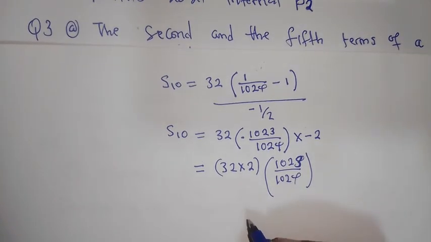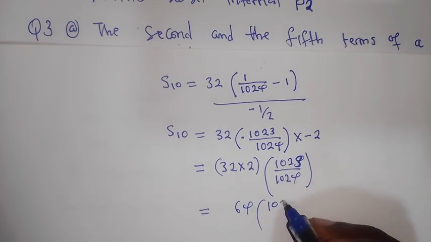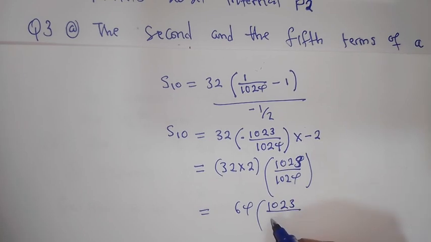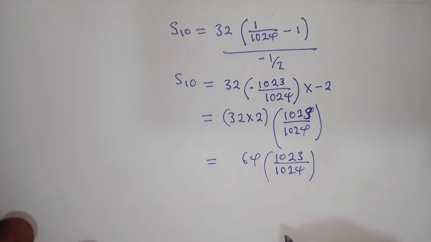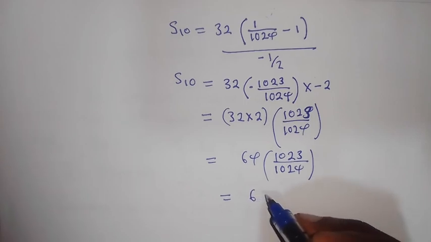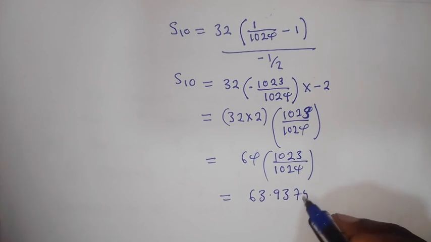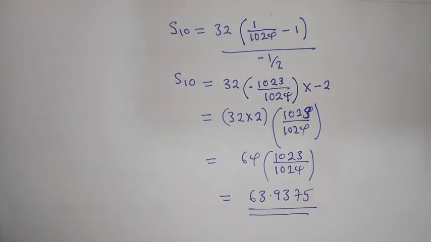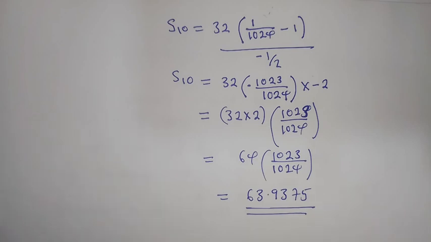Now from there, you're going to have 64 multiplied by this one, divided by 10 to 4. So now this is just going to end as 3.9375. So that's the final answer, meaning that is the sum of 10 terms. Make sure that you counter check and understand that we are moving on the same page.